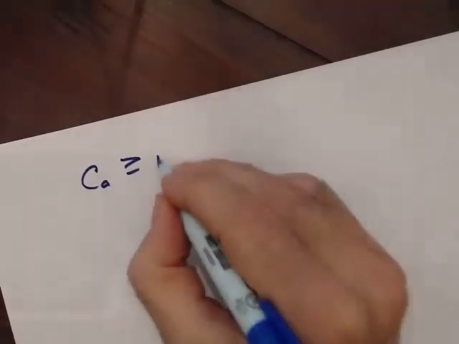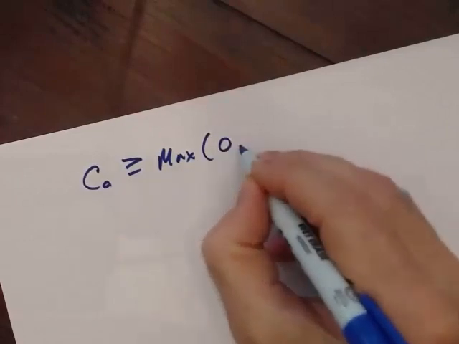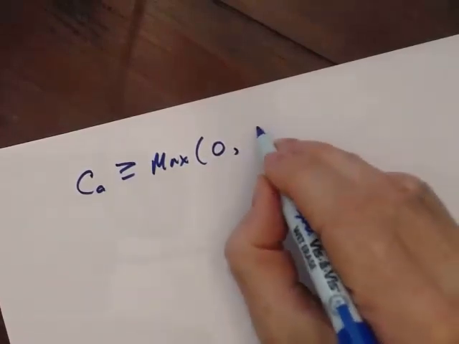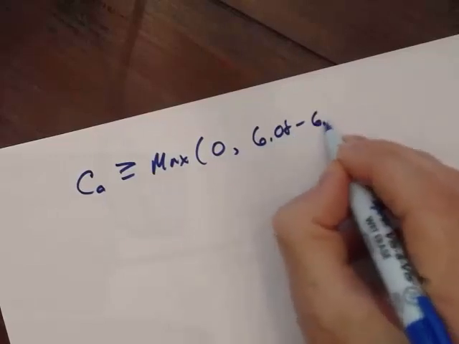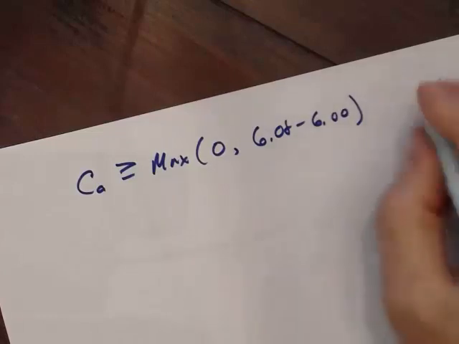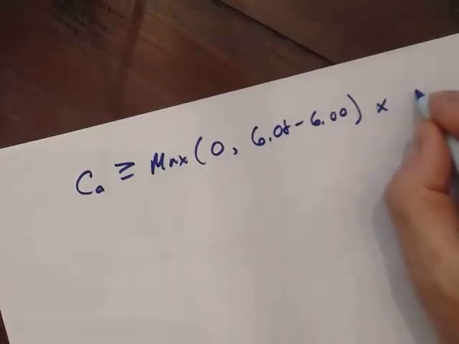And so for a call, the value of the call is simply the maximum of 0 versus 6.08 minus the $6 per bushel. This is on a per bushel basis, times the contract size, which is 5,000.